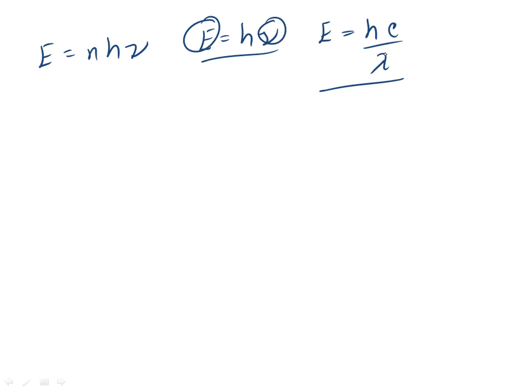In this equation, the shorter the wavelength, the higher the energy. So we saw in the electromagnetic spectrum that the shortest wavelengths were gamma rays. Gamma rays would have the largest amount of energy. The longest wavelengths were radio waves, and they have the lowest amount of energy.